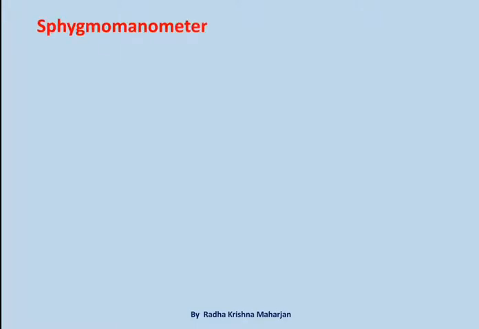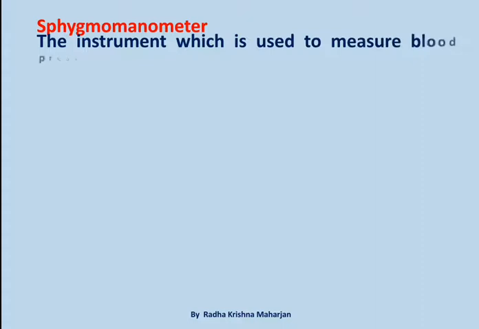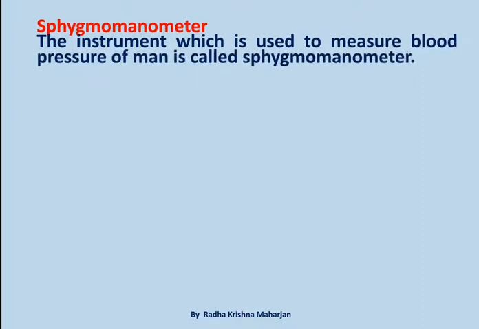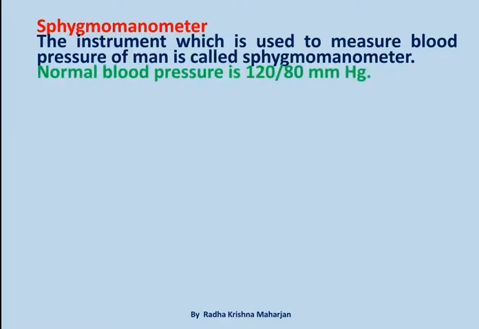Sphygmomanometer. The instrument which is used to measure blood pressure of man is called sphygmomanometer. Normal blood pressure is 120 by 80 mmHg.